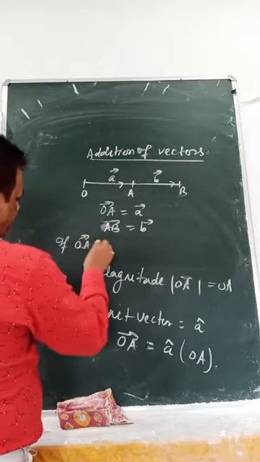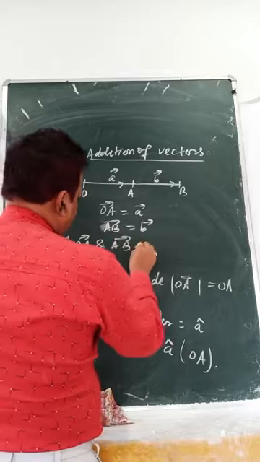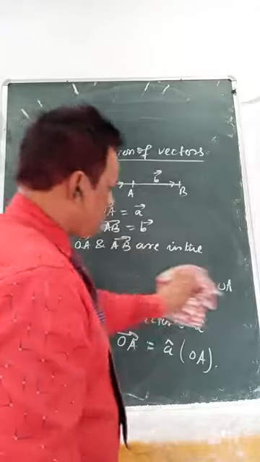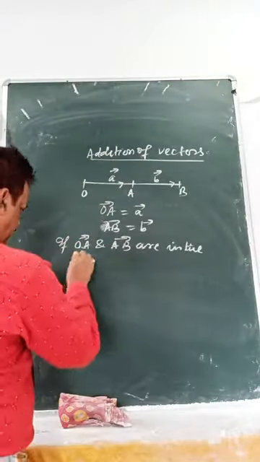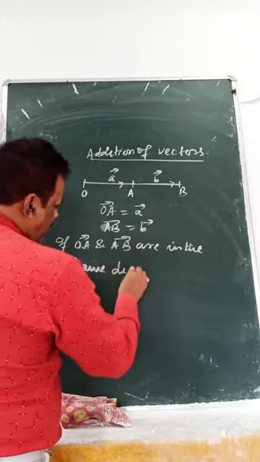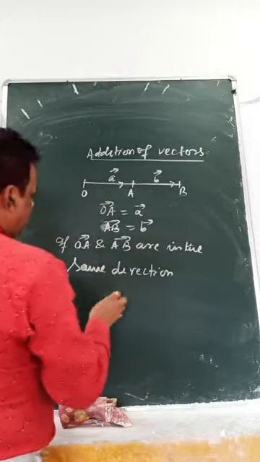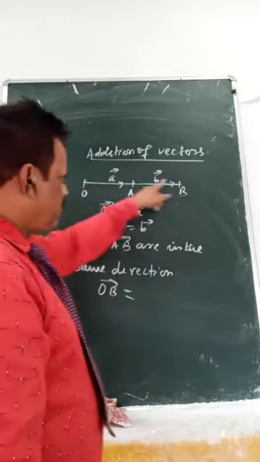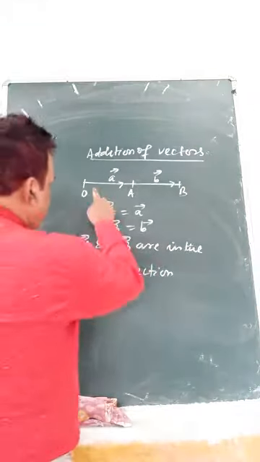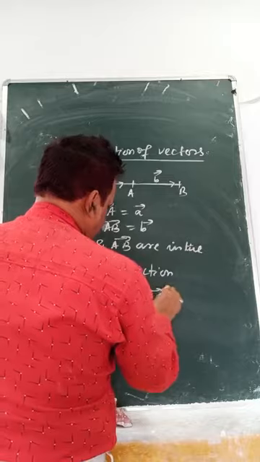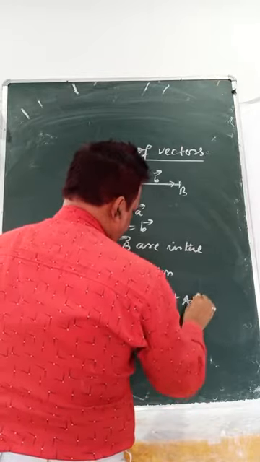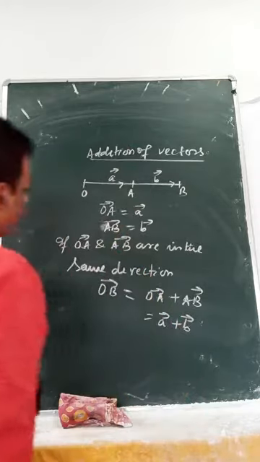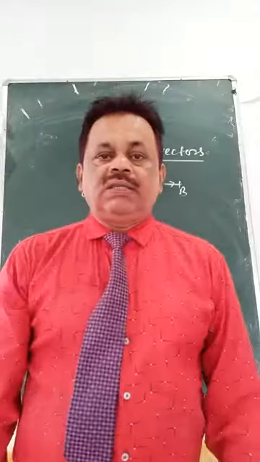If OA and AB are in the same direction, then the resultant will be OB, that is A vector plus B vector, that is OA vector plus AB vector.